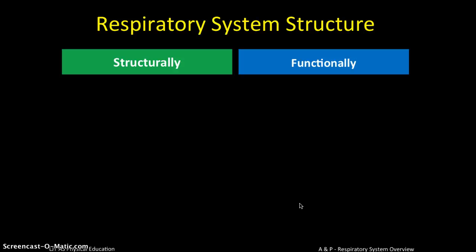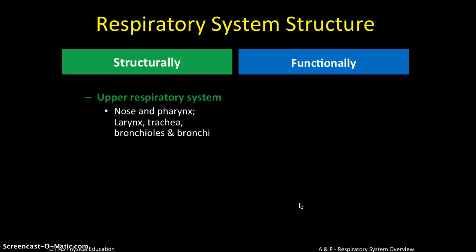Now, how is this system structured to do those jobs? Well, the upper tubes or respiratory tracts are essentially the nose, the pharynx, the mouth to be fair, the larynx, the trachea, the bronchioles and the bronchi. They basically are tubes which the air passes through.